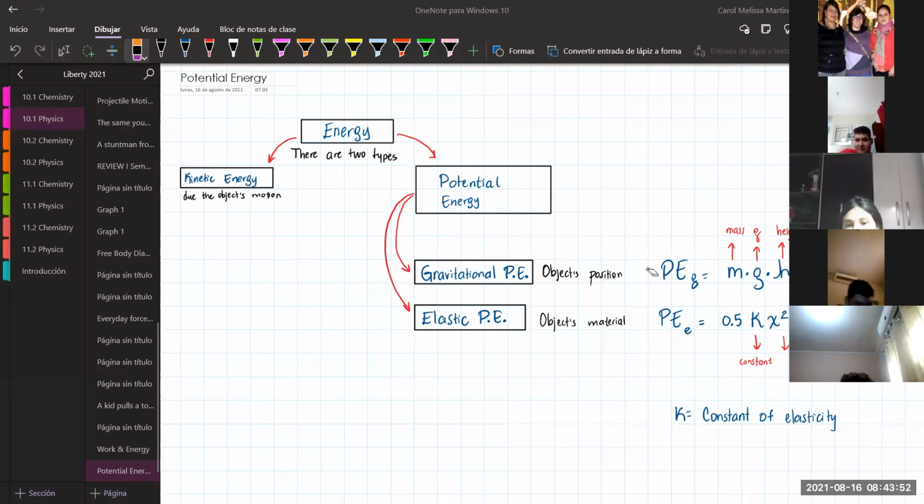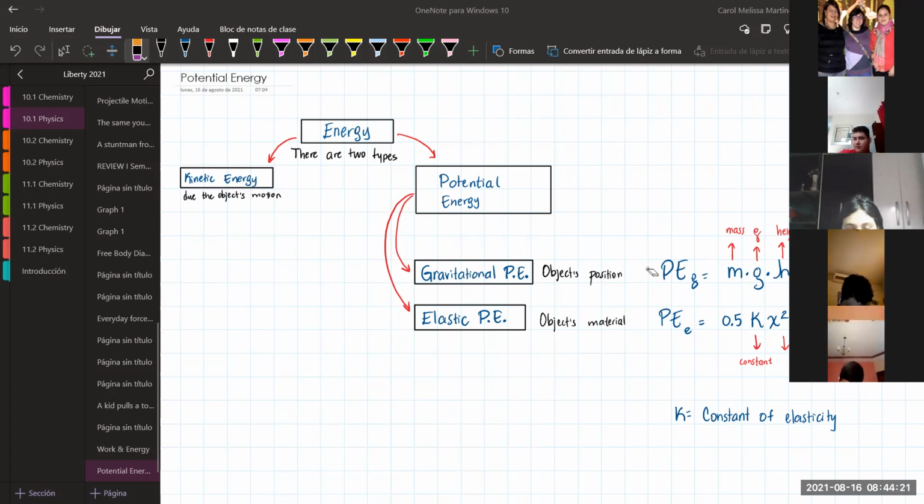Okay, let me compare two objects. Take your pencil and take a rubber band. What object is more elastic? The rubber band. Of course, the rubber band, okay? You can alter the shape of the rubber band easily, while the pencil not so easily.